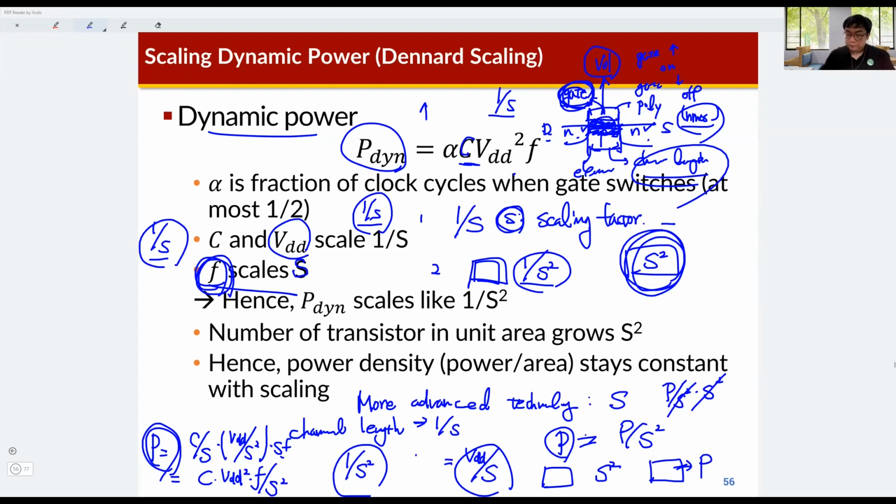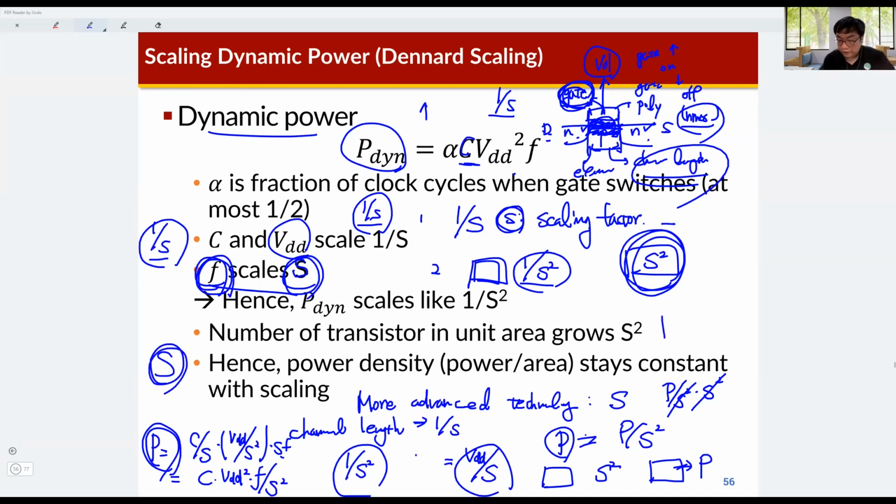What does that mean? As CMOS technology advances, the size of a transistor is reduced, then we can increase the performance by S, by the scaling factor, because we can increase the clock frequency.